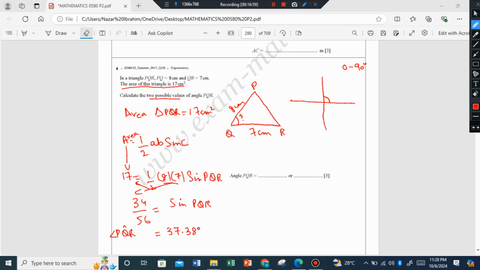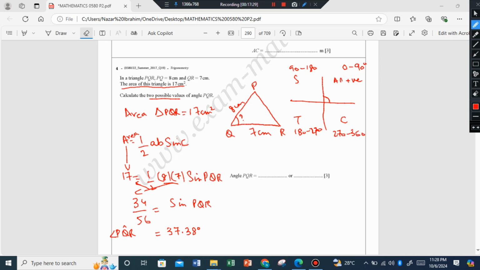All sine, cos, tangent are positive, so we say all positive. In the second quadrant, sine is positive. In the third quadrant, tangent is positive. In the fourth quadrant, cos is positive. 0 to 90, this is 90 to 180, this is 180 to 270, and this is 270 to 360.